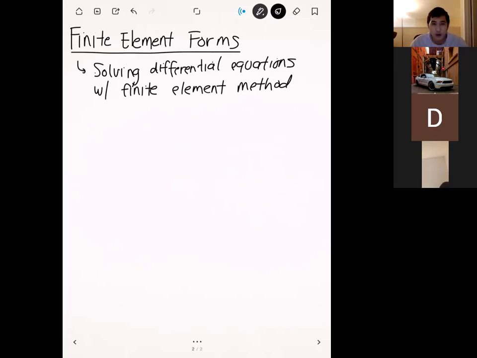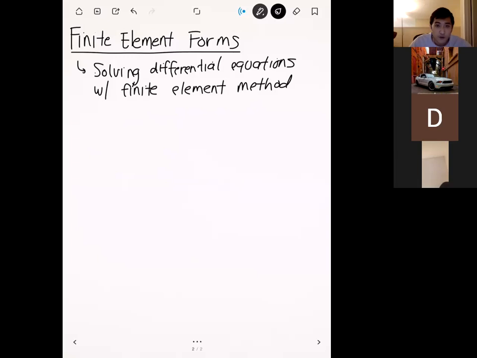They're different differential equations, of course, but we can apply the exact same method to solve them. ANSYS is an amazing software, but a lot of it is built on top of each other. They basically use the same methods in the code to solve different equations.